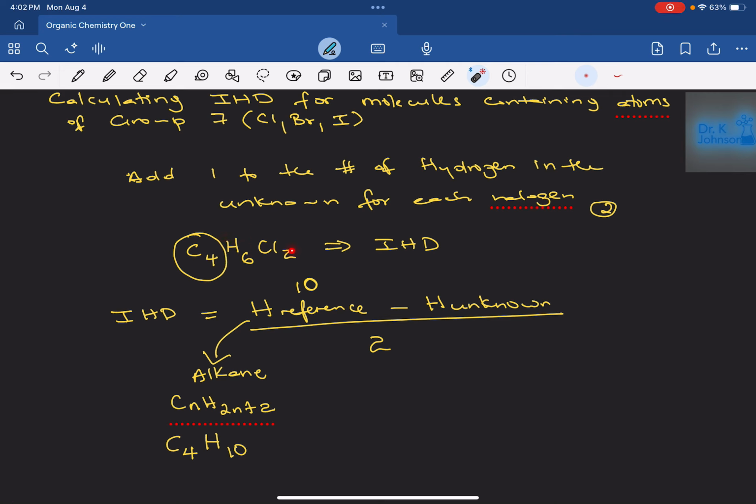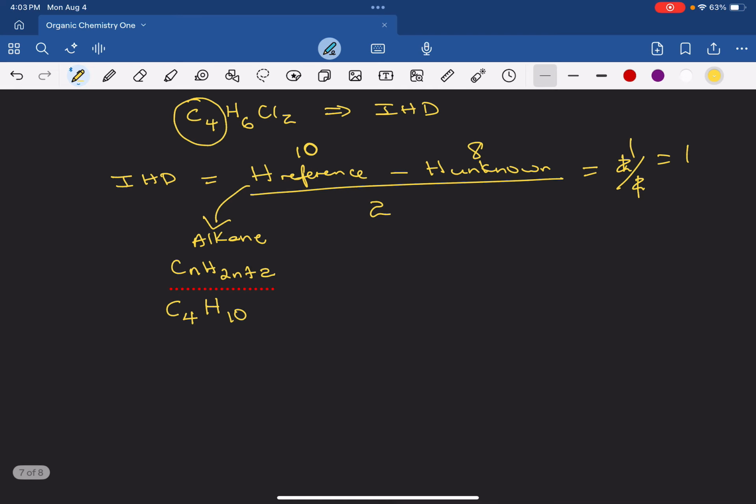So I have 2 halogens, so I'm going to add 2 to the number of hydrogens here. 6 plus 2, that's how I get 8, which is equal to 10 minus 8, 2. So you have 1 degree of unsaturation, okay?